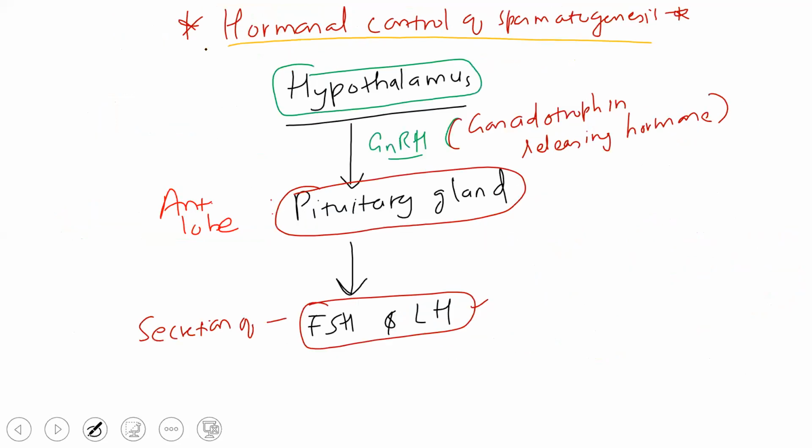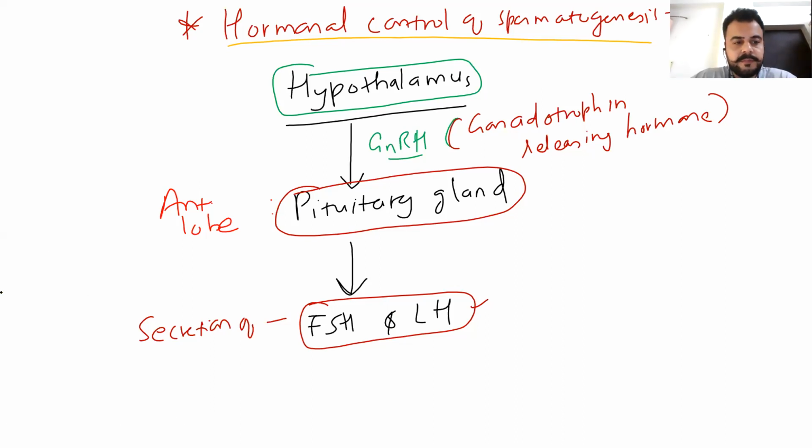So this is what it is trying to explain once again. Let me take the pointer. The hypothalamus will secrete GnRH, which will act on the anterior lobe of the pituitary, so it will secrete FSH and LH, that you know.